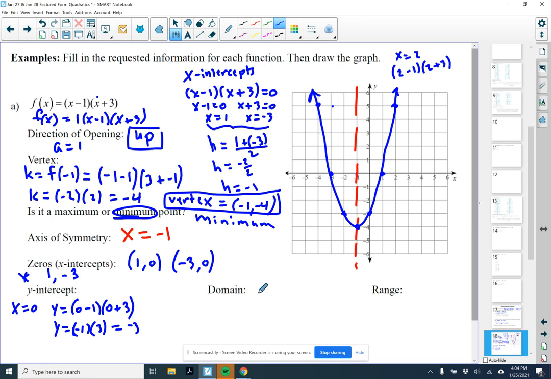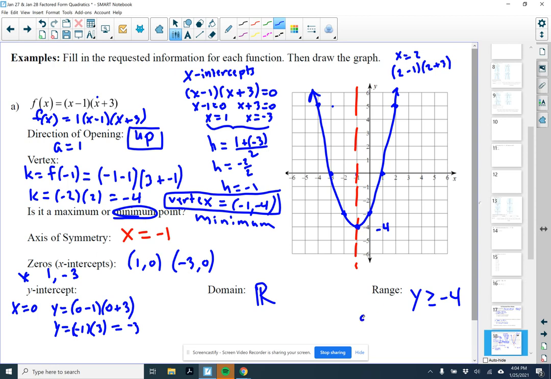Domain is all real numbers. We can either say it in words as all real numbers, or we can use the capital R with the extra line instead of all real numbers. Then our range, notice our smallest y value is -4. I'm going to identify that. And we have all y values greater than or equal to that. You can use the interval notation as well as the inequality. So this is the inequality notation that we have written here.